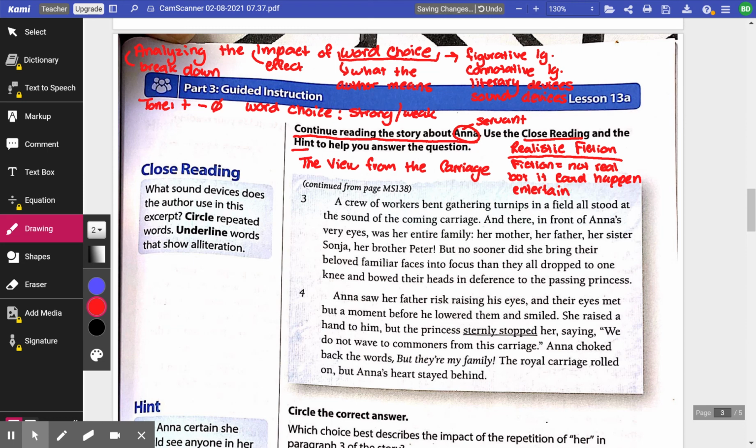It's to entertain us. And we know that anything that's fiction as well has certain elements that it must have for it to be fiction. So it has to have characters, it has to have a setting, a time and a location, it has to have conflict and it has to have plot. But for it to be realistic fiction, all of that has to be realistic. So the characters have to be very lifelike, the setting has to be realistic, so it can't take place like in a faraway fantasy land or space.